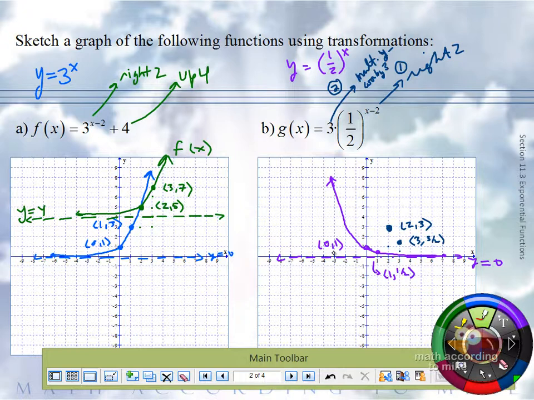I'm going to leave it there because I don't want to draw on top of it. So when you graph this guy, this is hard to do. It should look like it's decreasing quicker. It's a very slight change, because 3 is not that big of a number, than our purple graph.